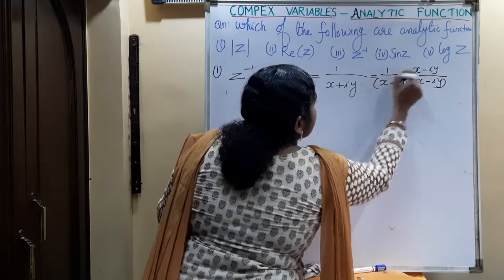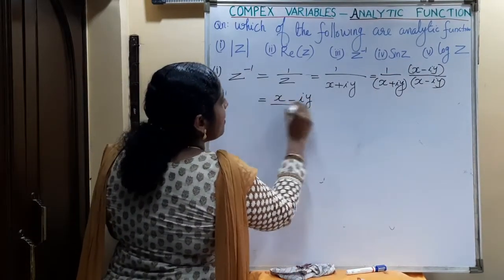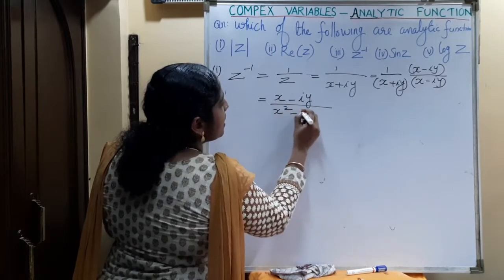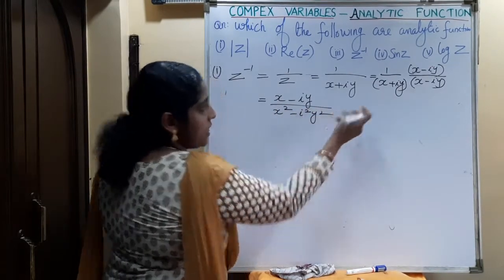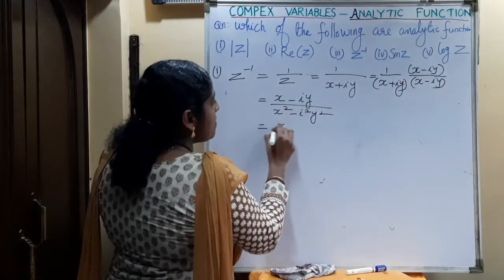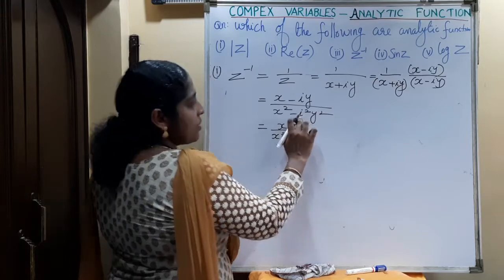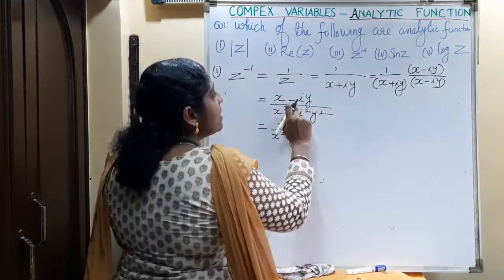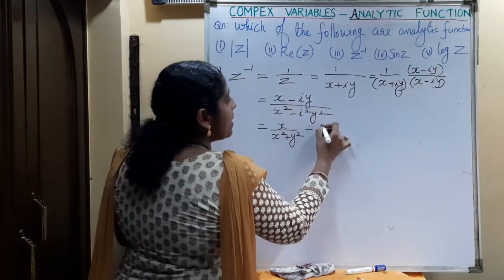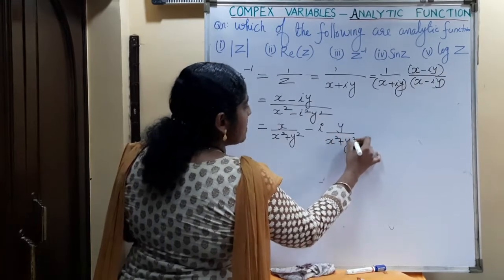So what we are getting? That is X minus iY divided by X square minus i square Y square. That is the (A plus B) into (A minus B) form. So what we are getting? That is X by X square plus Y square, because i square is minus 1, and here minus iY divided by X square plus Y square.